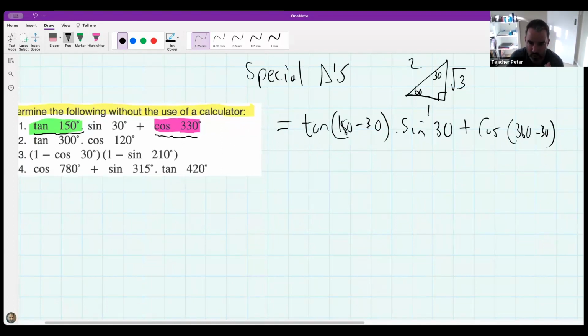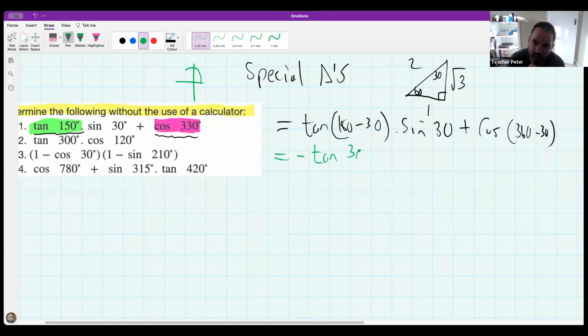So what I start by doing is just rewriting it in the form of the quadrant it's in. I knew 150 is in quadrant 2, so I wrote it as 180 minus. This one is the fourth one. But the next step, I have to say, in that quadrant is tan positive or negative. And in quadrant 2, tan is negative.